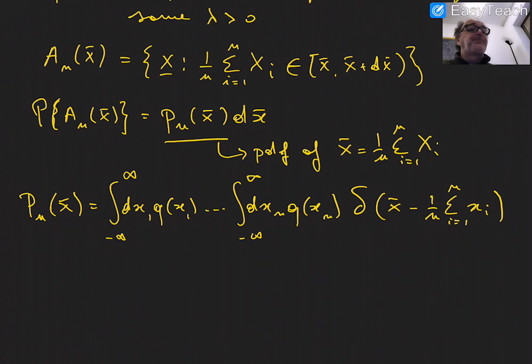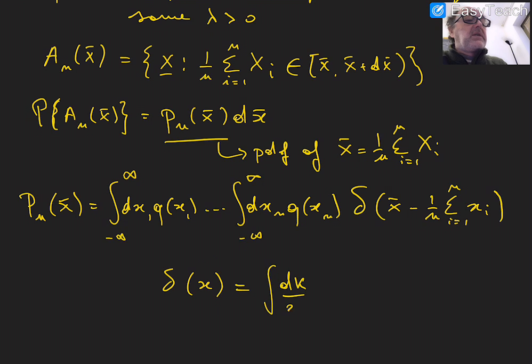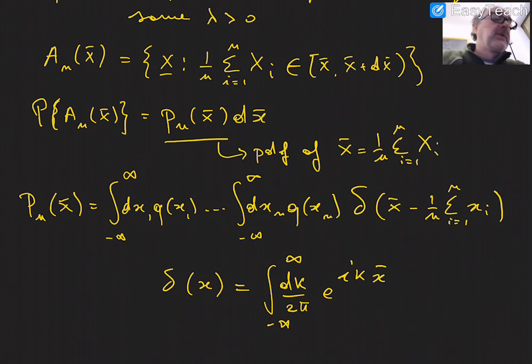Well, you know the property of the delta function, I assume. So what we are going to do is to use the integral representation of the delta function, with minus ik x bar.